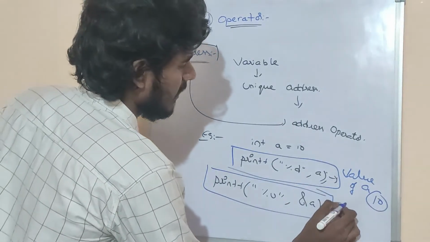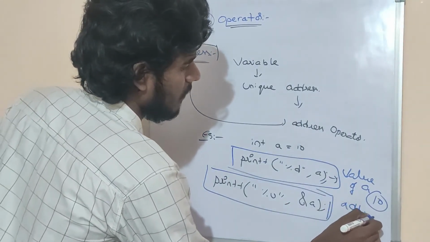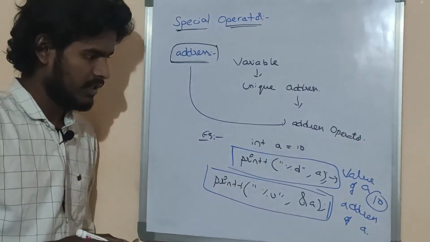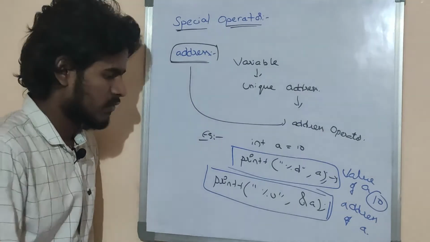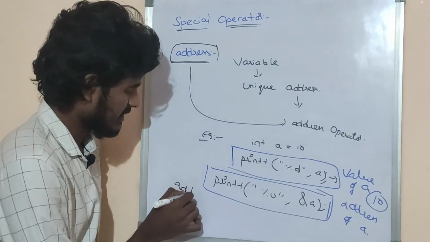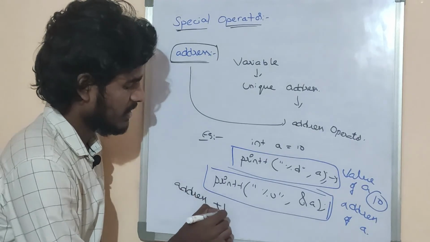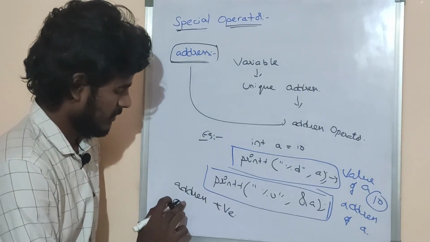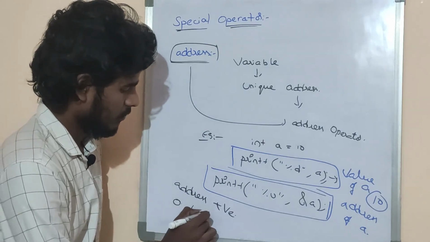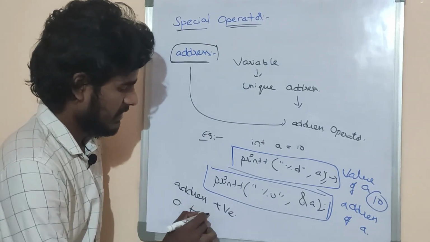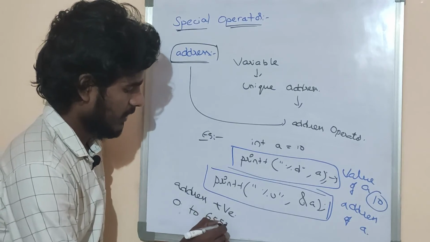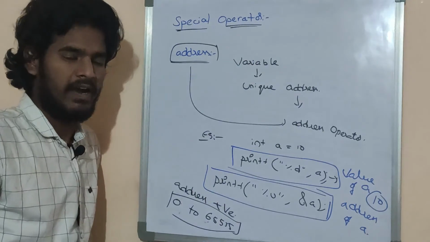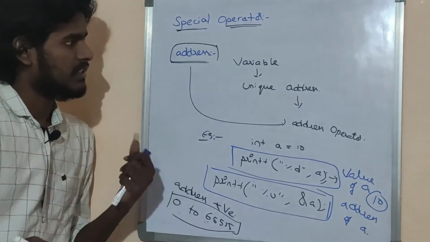Okay, the address is a positive number. It should be between 0 to 65,535. Okay friends, this is the use of address.